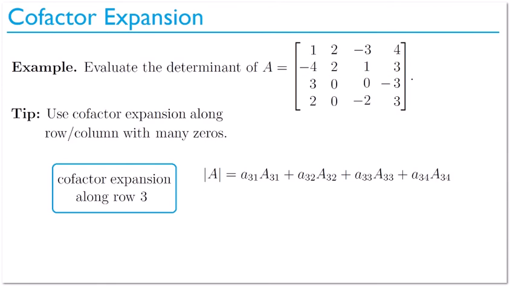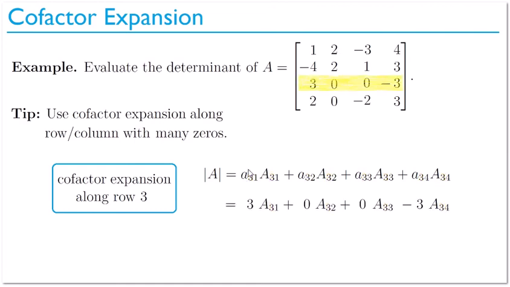The cofactor expansion along row 3: we have this sum, and all the row numbers are 3. For each term, the columns run from 1, 2, 3, and 4, since the matrix is of size 4. Then we substitute the values for the small a's along row 3.